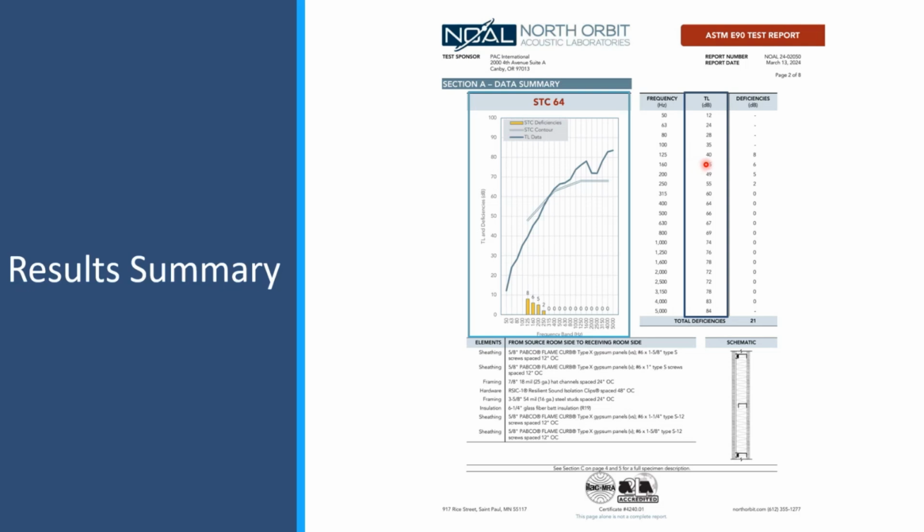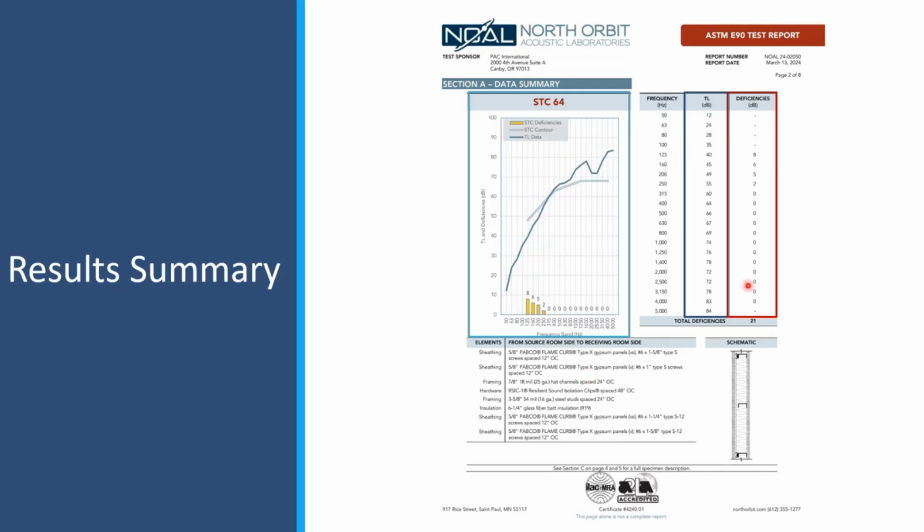Also, if you go back and look at older test reports, you'll tend to see them limited to just that 125 to 4,000 hertz range. I think over the years we've put more and more emphasis on low frequency information, so you'll see that included in more test reports. So another advantage to looking at more recent test reports is you might get additional helpful information.